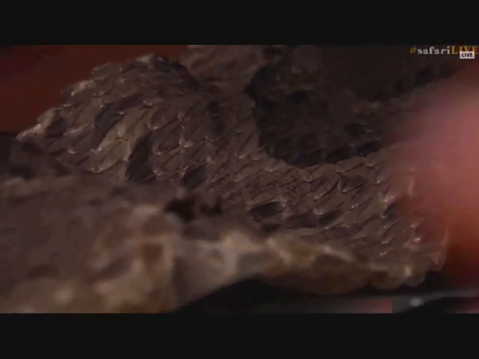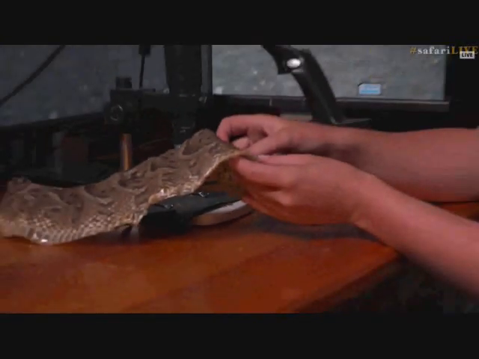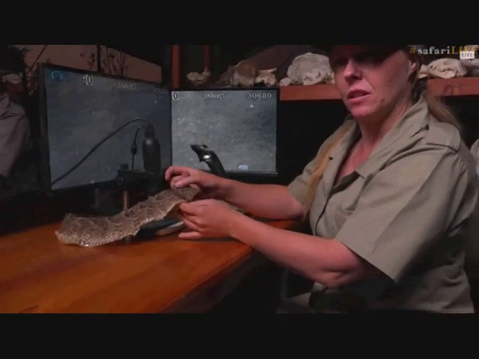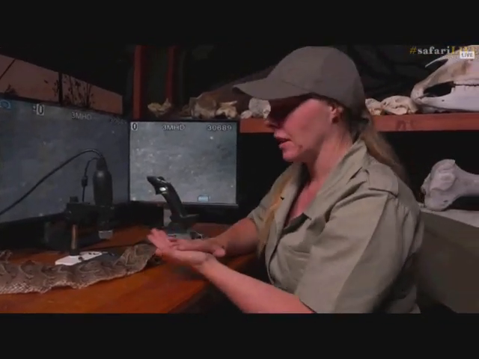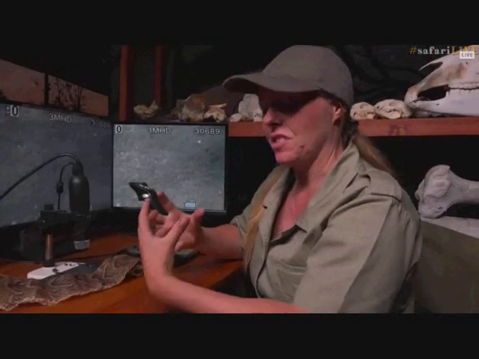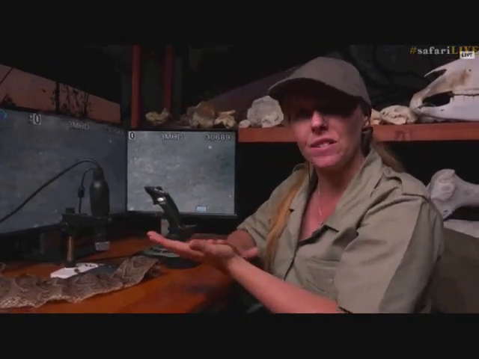They puff themselves out, and it will be these scales that rub against each other when it puffs itself out, so it sounds more like sandpaper rubbing, and that's what you hear when they puff themselves out.